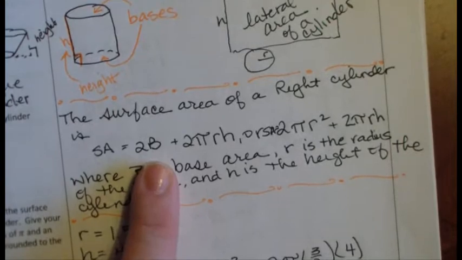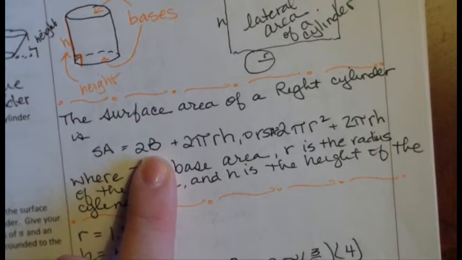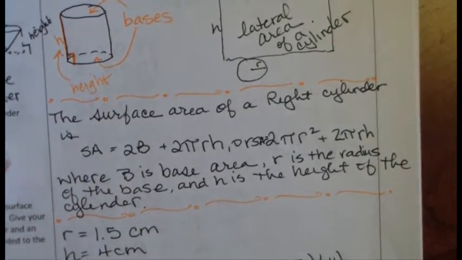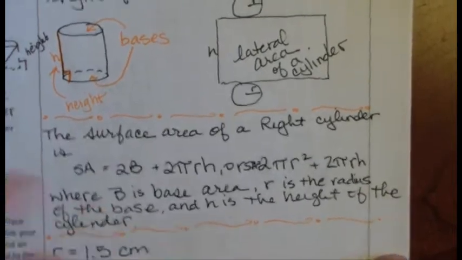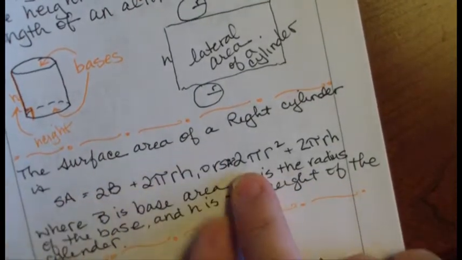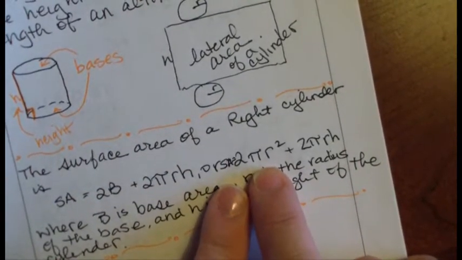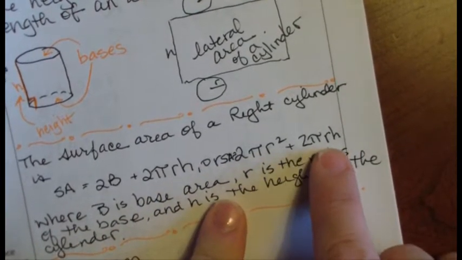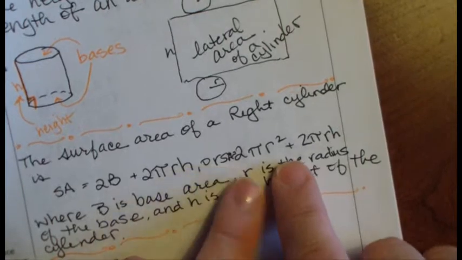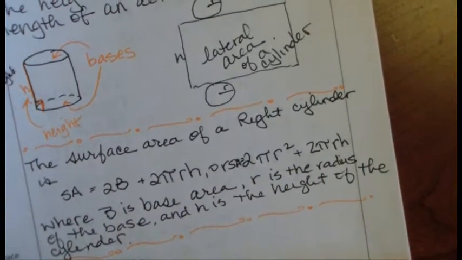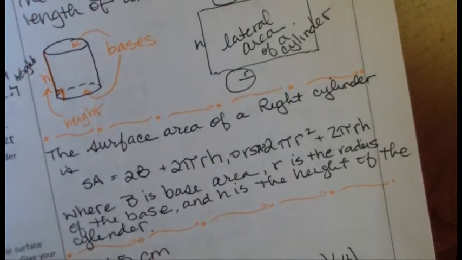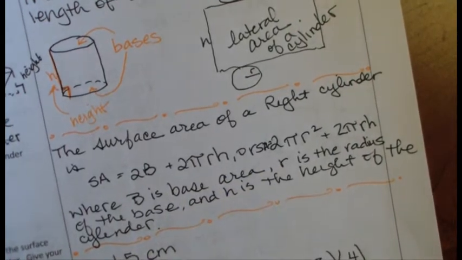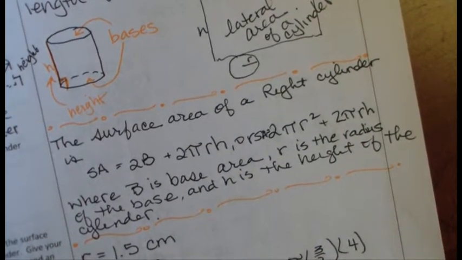Now our bases are circles, so we can also write it as surface area is 2 times pi r squared, which is the area of a circle, plus 2 pi rh. So 2 pi r squared plus 2 pi rh. B is your base area, r is the radius of the base, and h is the height of the cylinder.